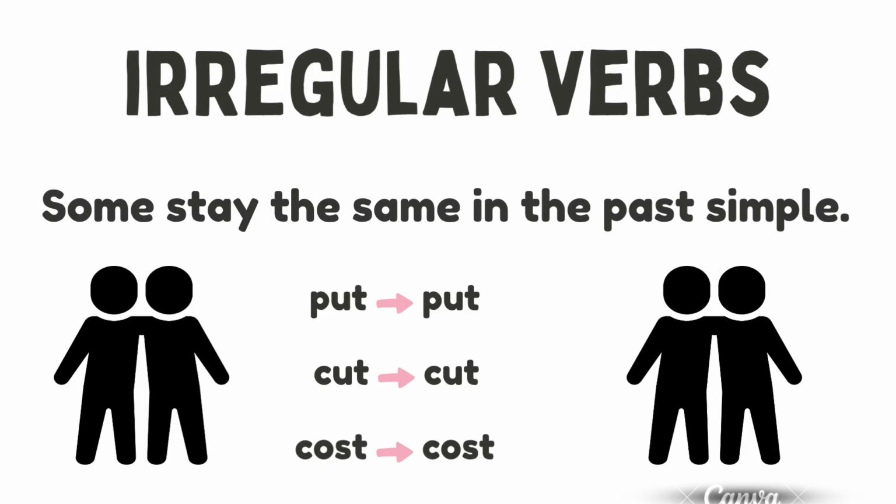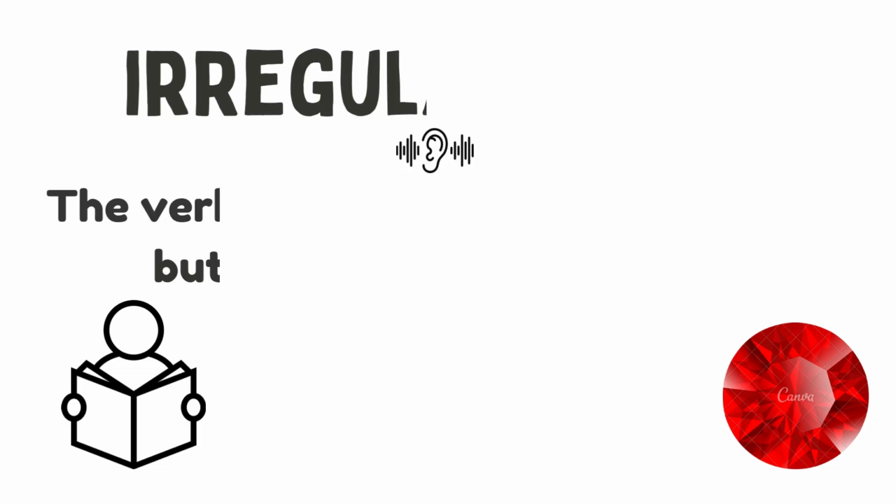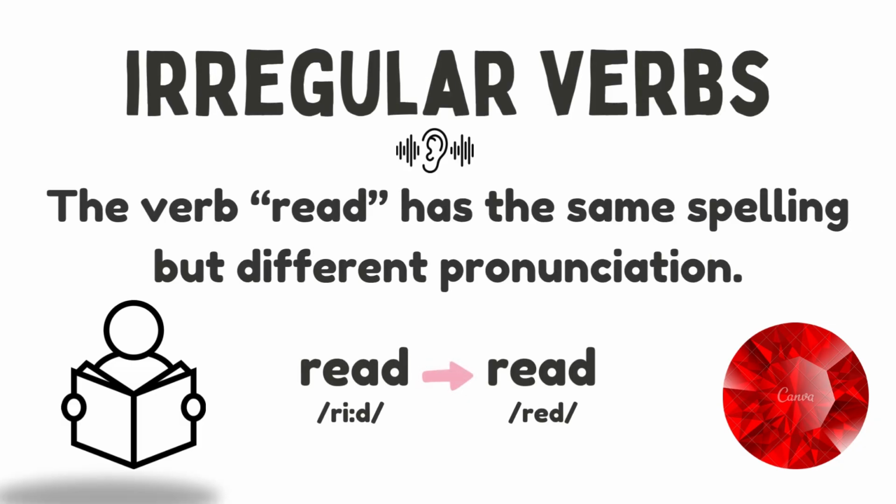And some irregulars stay the same in the simple present and the simple past. So put stays the same, put, cut, cut, cost, cost. And the verb read has the same spelling in the simple past, but it has a different pronunciation.